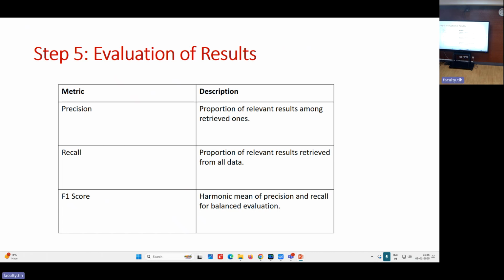So precision will tell you the proportion of relevant results among the retrieved results. For example, suppose you have made a model for summarization, and now you would like to summarize a text document consisting of 10 sentences.